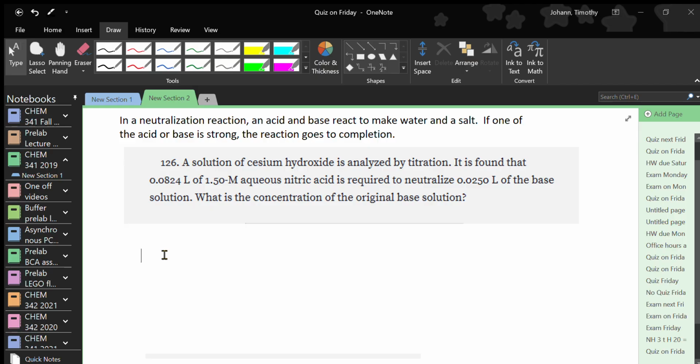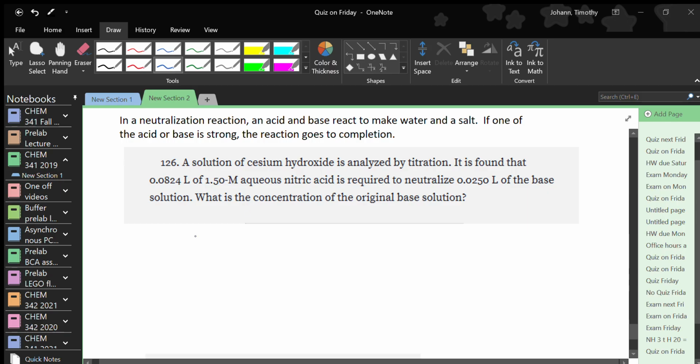And so this is going to be a stoichiometry problem. We've got liters of base, so we're going to use that base, but we're going to start with what we know. So we've got a volume of acid. We're going to go to moles of acid. We're going to then go to moles of base, and then we're going to go to concentration of base.